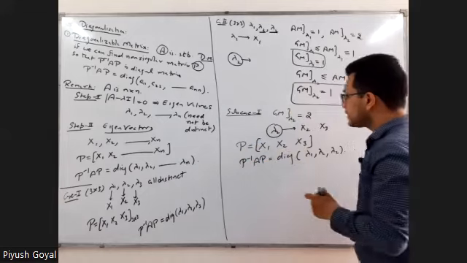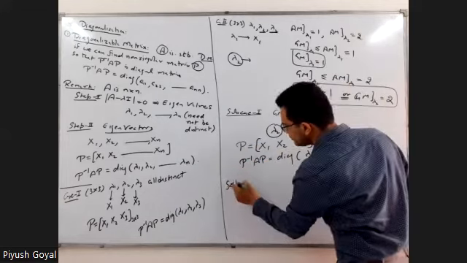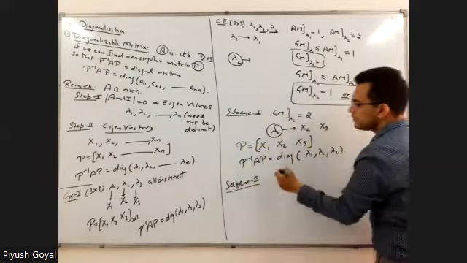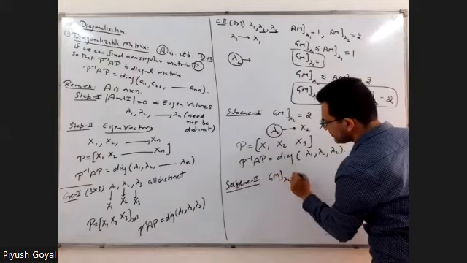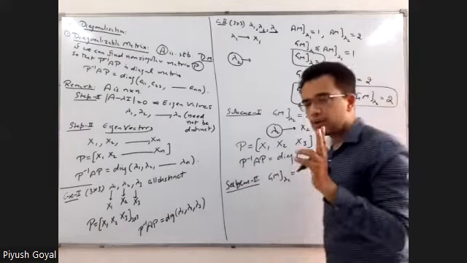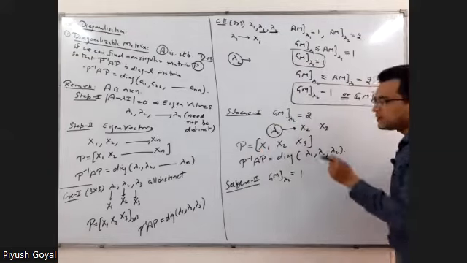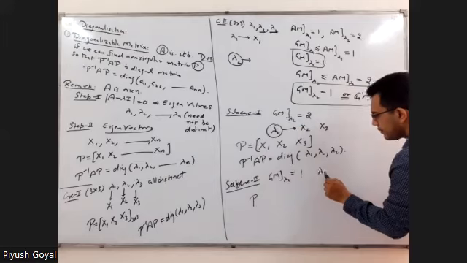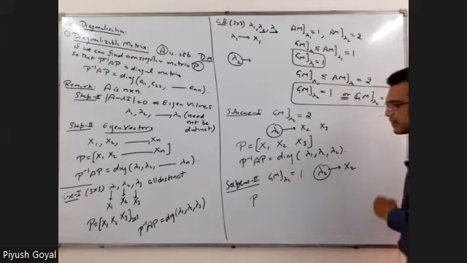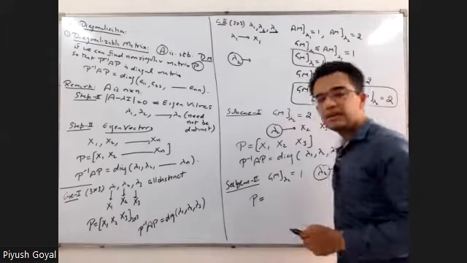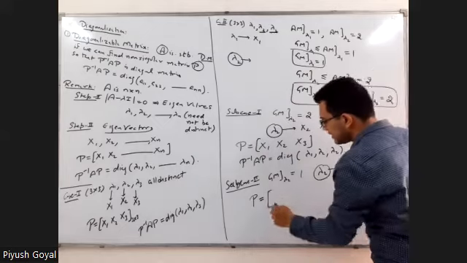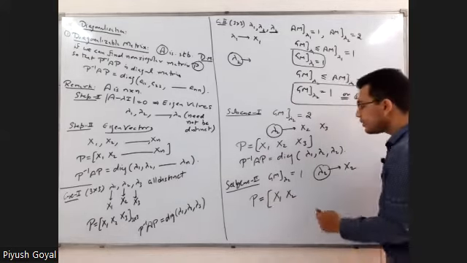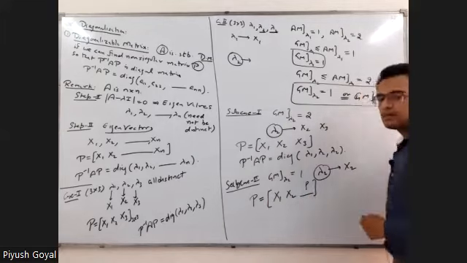Now subcase 2: the eigenvalue lambda 2 occurs 2 times, but it gives only one eigenvector. So for lambda 2 you have only one eigenvector. Now when you start making the matrix P, it is x1 and then x2, and we need one more vector which is not available.